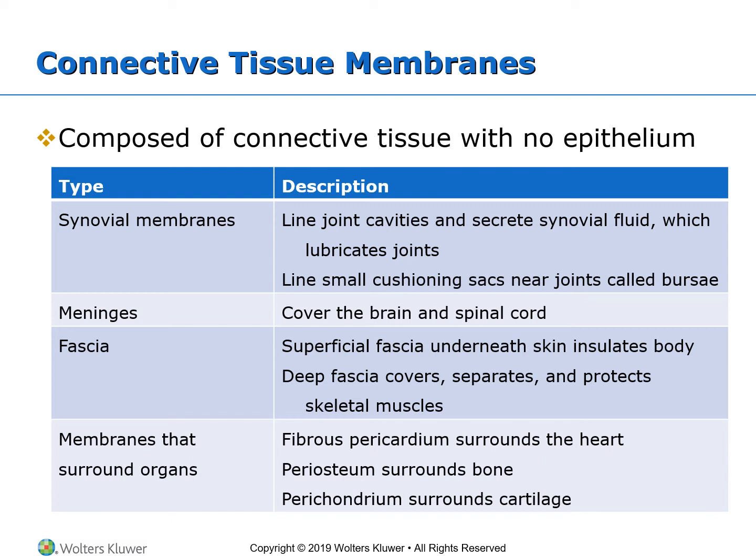Connective tissue membranes will consist mainly of connective tissue with no epithelium. So one type of connective tissue membrane will be what is called a synovial membrane, and those will line joint cavities and will secrete what is called synovial fluid that will lubricate the joint and allow for the movement of the bones against each other, especially in high movement joints like the knees, the hip, or the humerus, allowing for the bones to move against each other without friction.